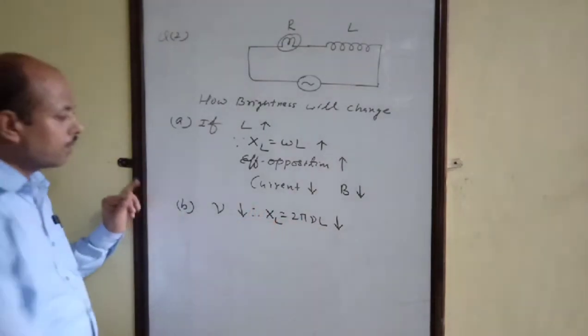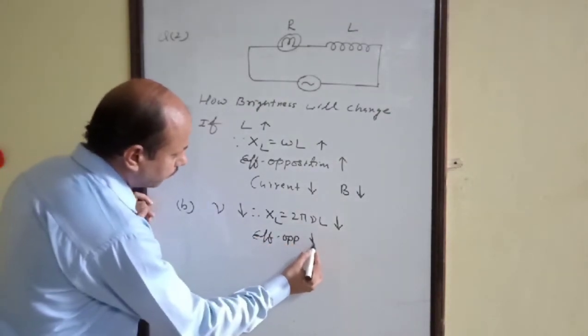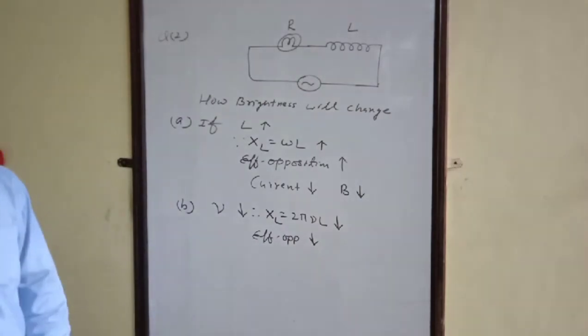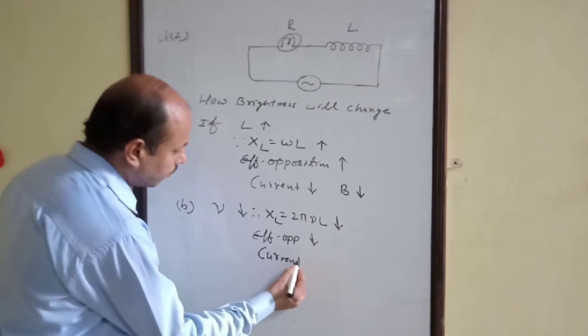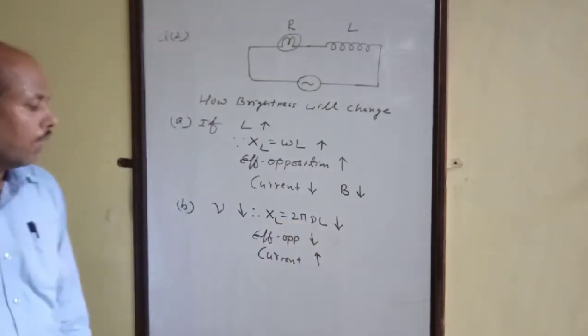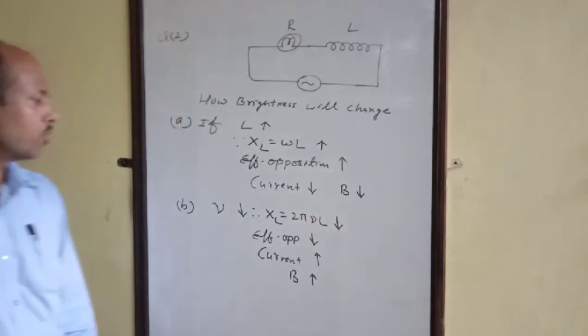Since XL decreases, the effective opposition will decrease, consequently the current will increase, and therefore the brightness of the bulb will also increase.